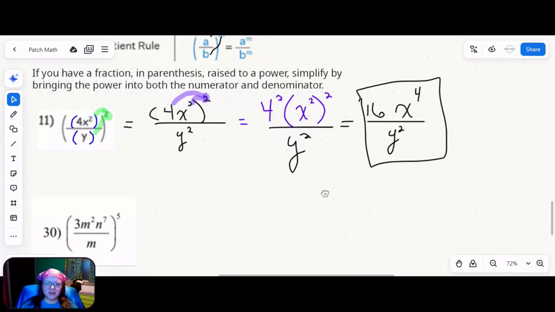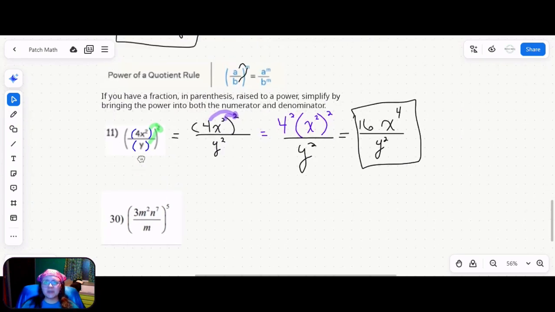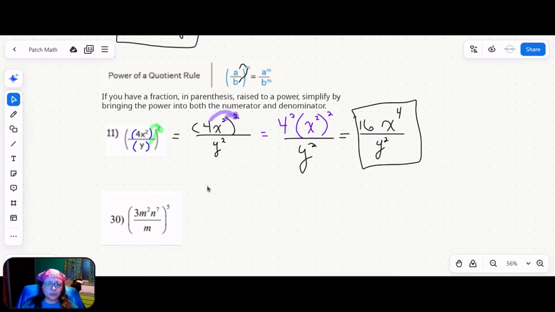So sometimes you have some stuff in the parentheses that might be best if you simplify first, but I'm going to show you what to do if you don't simplify first, leaving it by applying the power of a quotient rule. Because on this one, if we simplify first, it will just turn into power of a product rule.